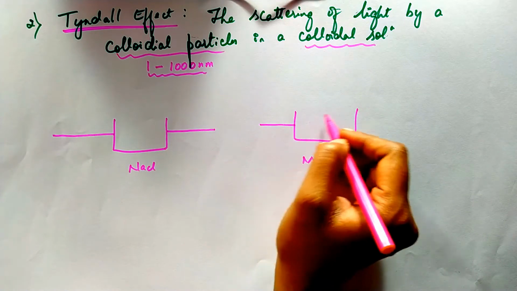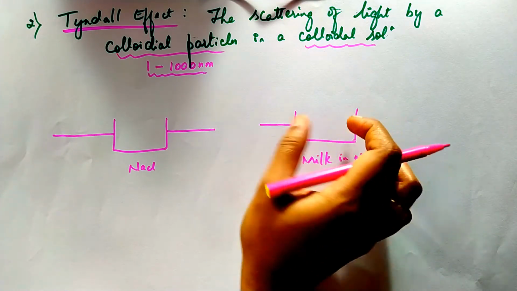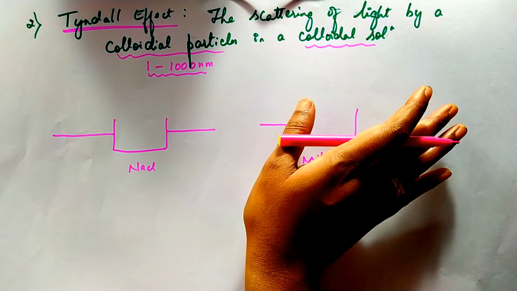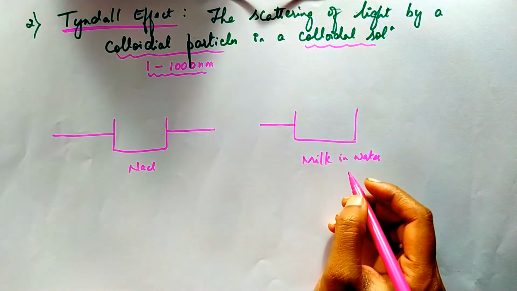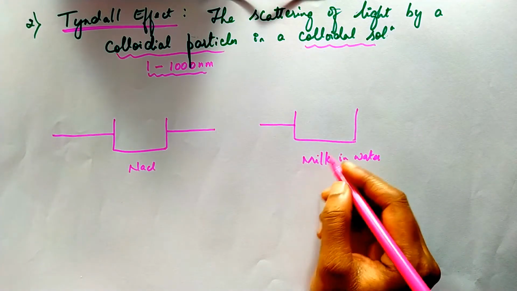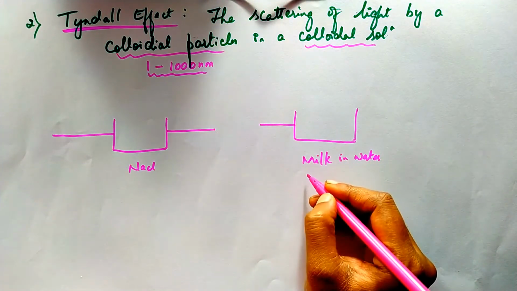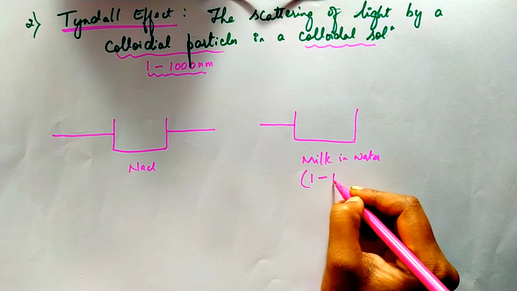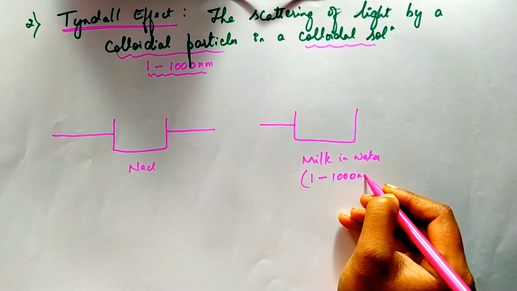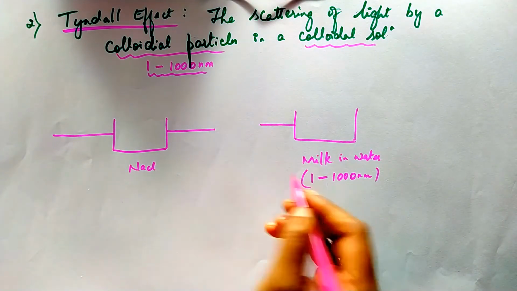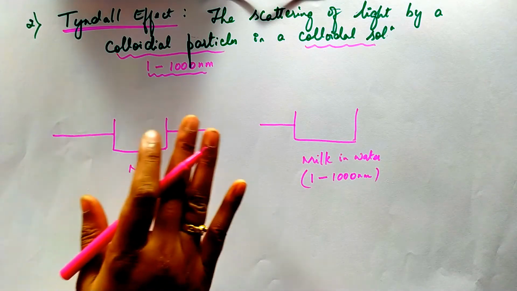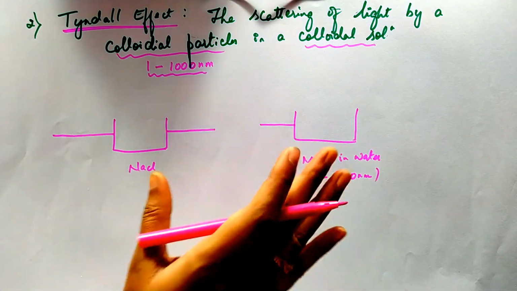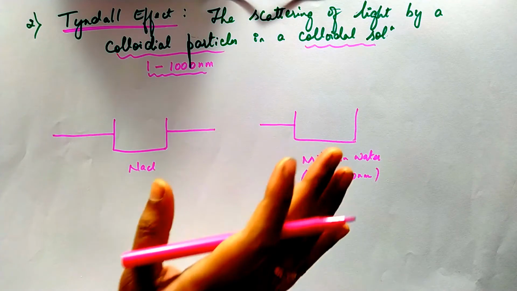You observe this effect in that activity. What is the indication of this activity? The scattering of light takes place only if the particle size ranges between 1 to 1000 nanometer. If the particle size is less than 1 nanometer, the light does not get scattered. This is what you understood by seeing this activity.